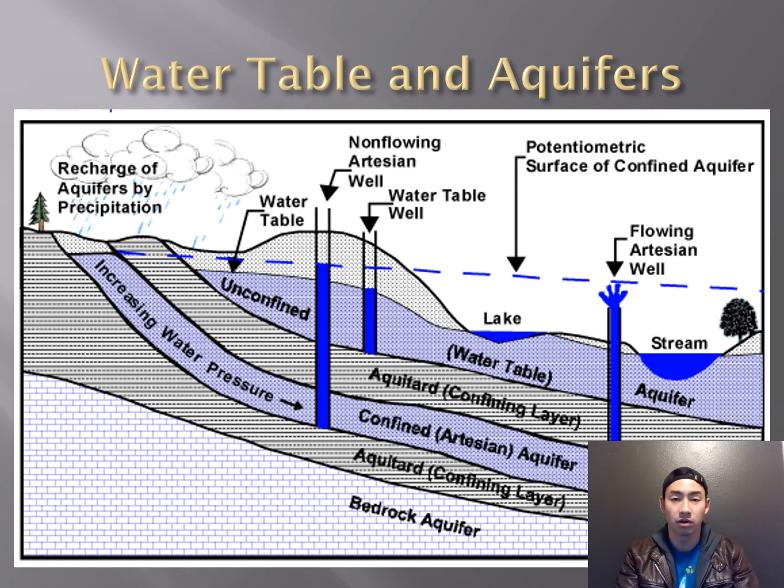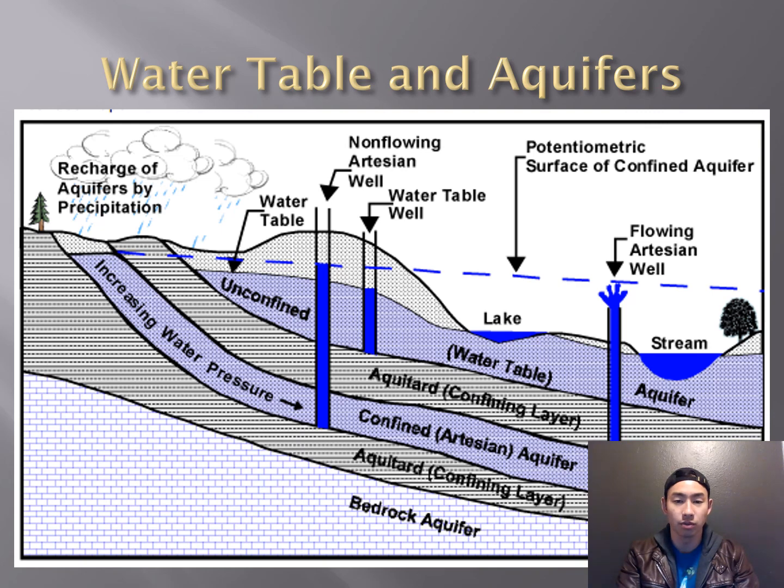In the bedrock aquifer, we have bedrock that is saturated with water, so all the individual pore spaces and cracks are filled with water. In a confined aquifer, we have aquifer material, and that could be sand or any type of highly porous material that is saturated with water, and the same thing for the unconfined aquifer.